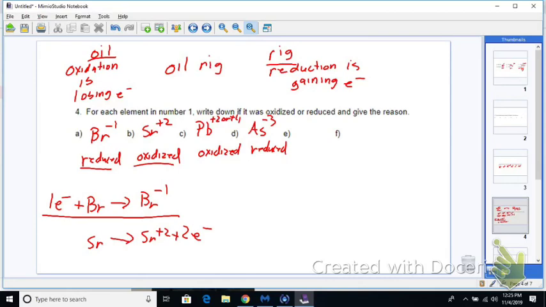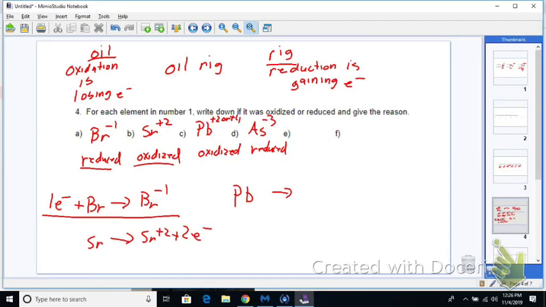So if I showed lead as plus 2, it'd be Pb. Where would the electron be? On the left or right side of the arrow? So would the electron show up if it's oxidized on the produced side, or would it be added on the left side?